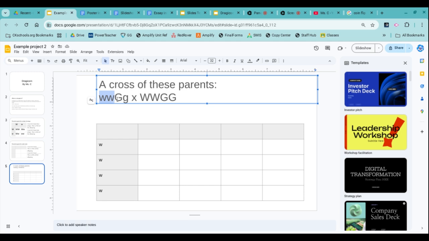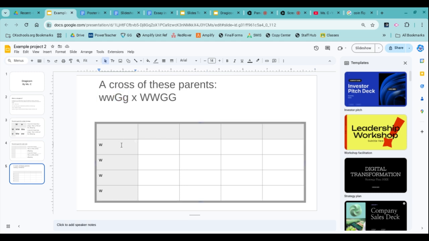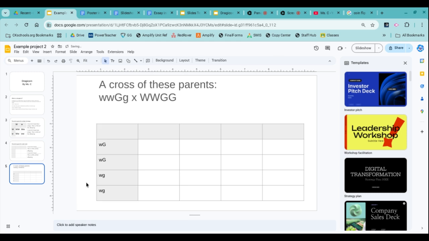This parent cannot give any dominant alleles. However, for the second gene we're looking at, there's dominant and recessive, and it's a 50-50 shot. So I'm going to make half of them dominant and half of them recessive.